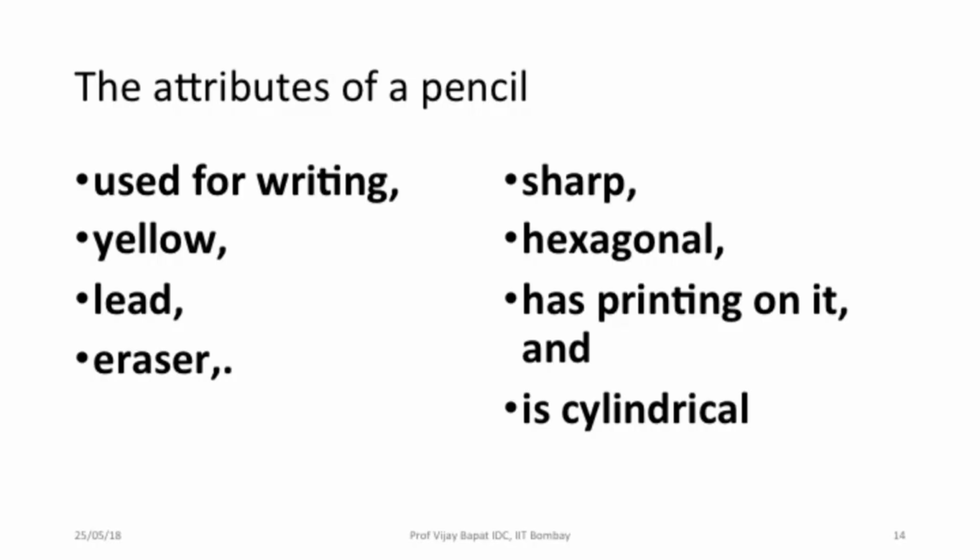So a pencil is meant for writing, it might be yellow, it has lead, it has an eraser, it is sharp, hexagonal, made with wood, it has printing and so many things. Each attribute or aspect can be changed.